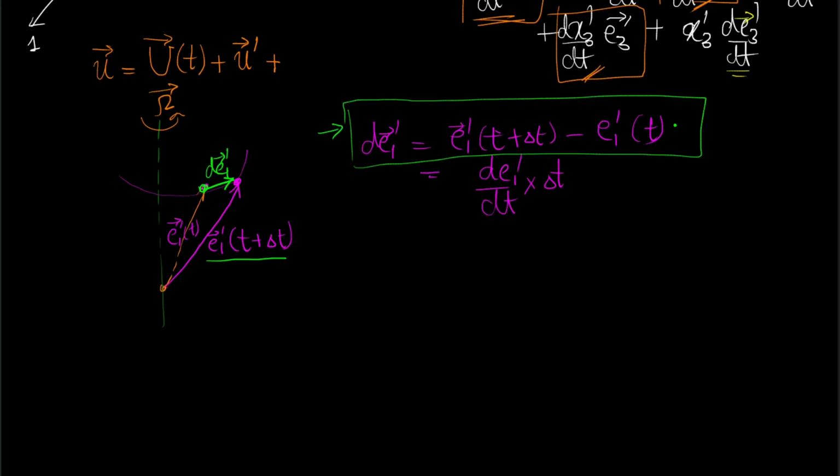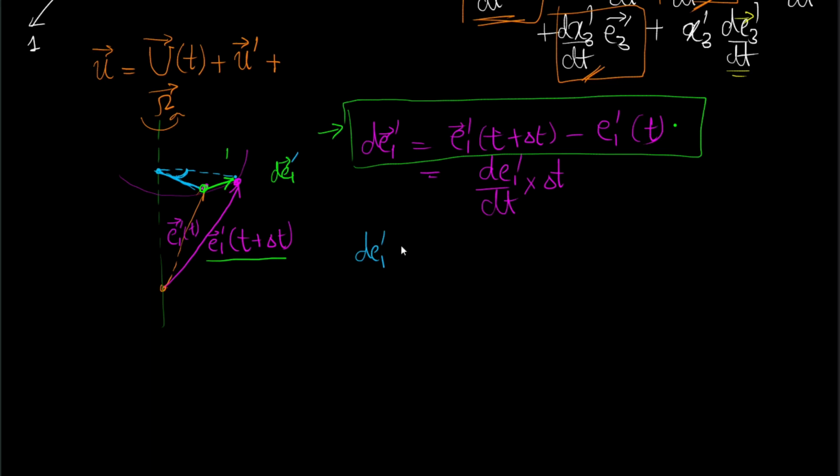Now we can also write down this dE1 prime in plane as something like this. So this angle swept because of rotation is also this vector dE1 prime.